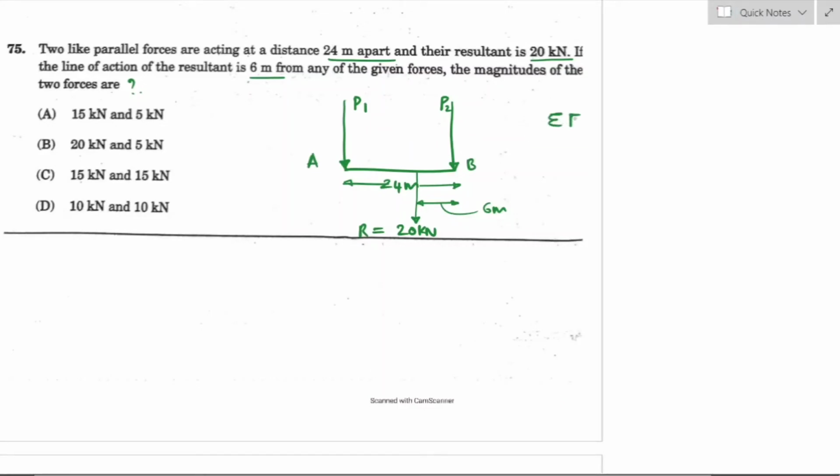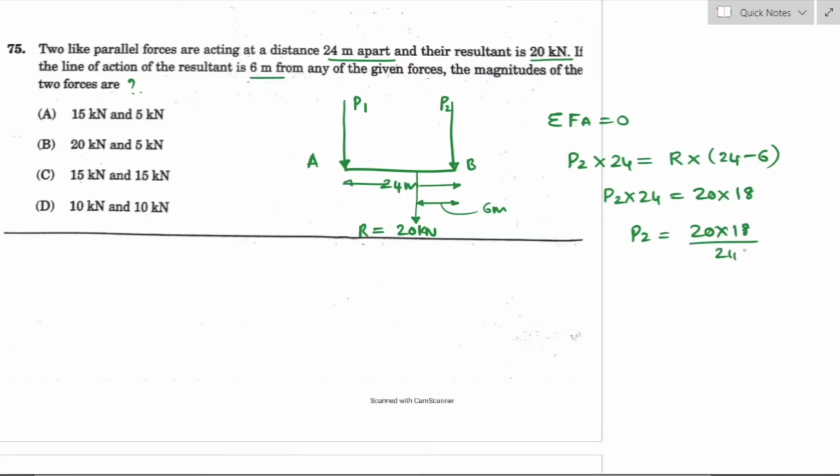So taking moments about point A, P2 into 24 is equal to resultant force into 24 minus 6 meters. So P2 into 24 is equal to 20 into 18. So P2 is equal to 20 into 18 divided by 24.